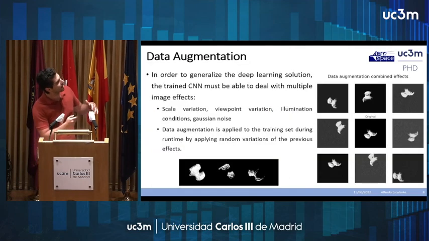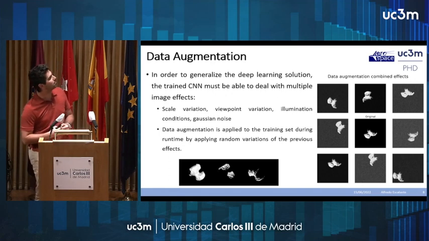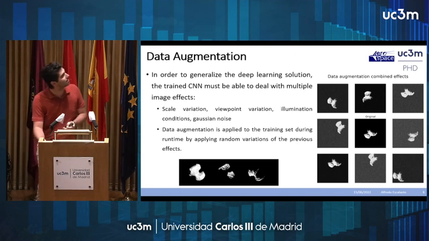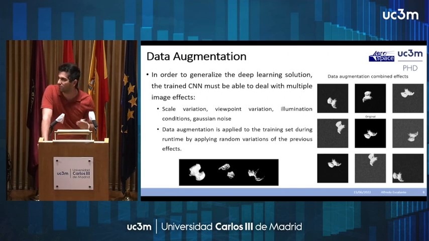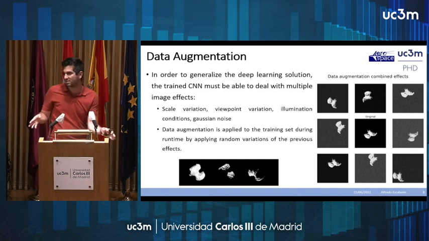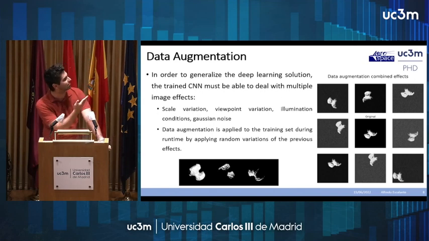So going back a bit to the first case, which was for the comet mission, I wanted to introduce the data augmentation concept, which is very important for us. As I mentioned before, this consists of extending the dataset that we have, so the network is able to deal with all these different image effects.